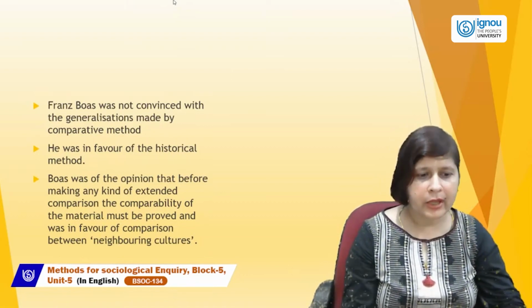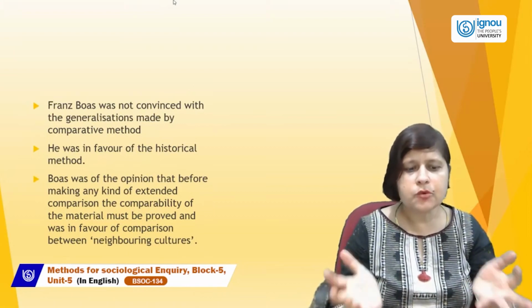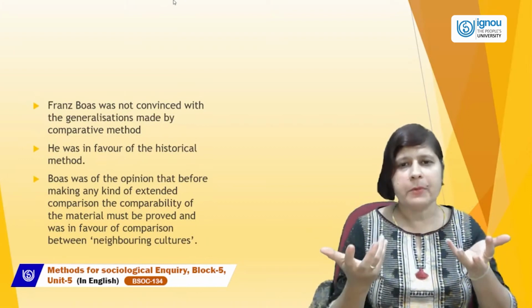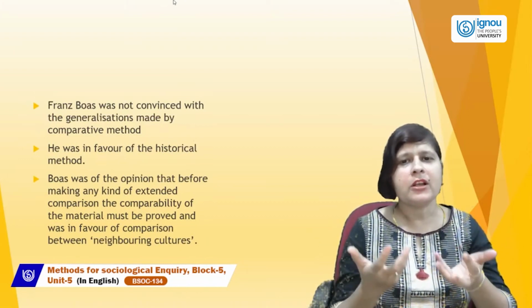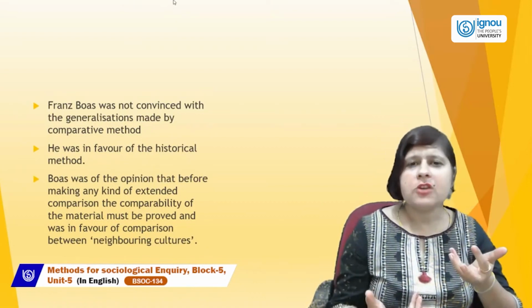So according to him, if you are comparing two societies or two groups, the comparability of material must be proved. It should not be like, as I told you earlier, that you are comparing two societies or groups who are at different stages of evolution.